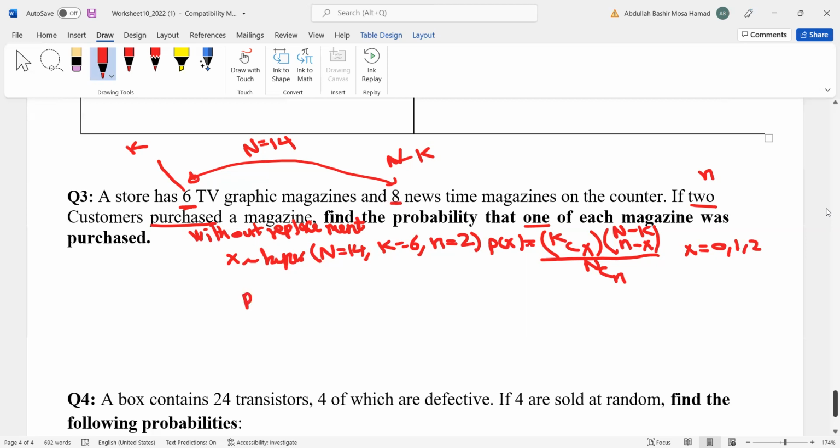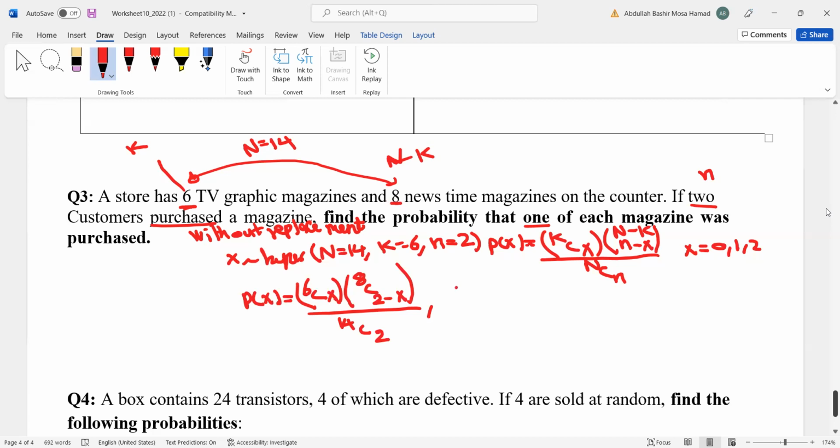Just we substitute. P of X equal, K is 6, so 6 C X multiplied by 14 minus 6 is 8, 8 C 2 minus X over N is 14, where n is 2, 14 C 2. Going to the question, find the probability that one of each means X equal 1, so we put X equal 1, and 2 minus 1 is also 1.